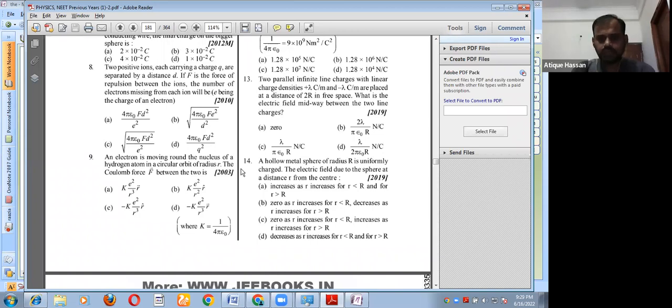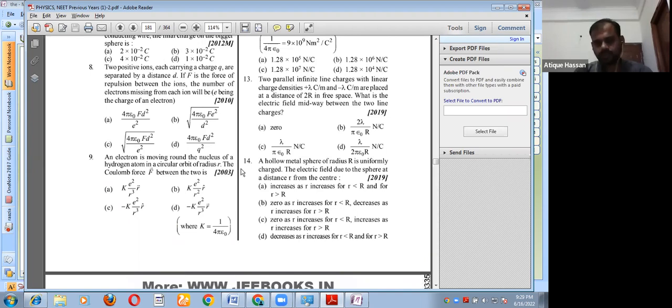The electric field due to the sphere at a distance r from the center.